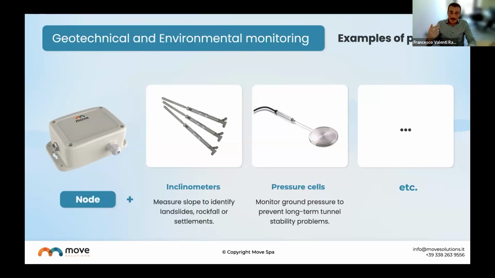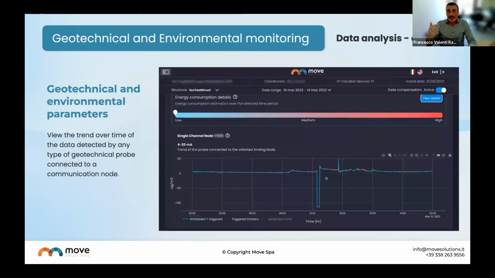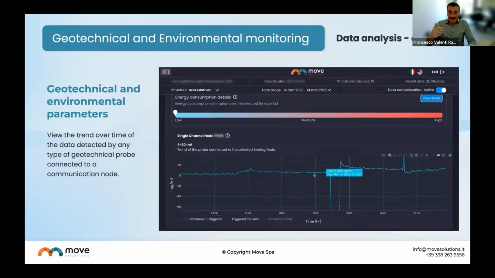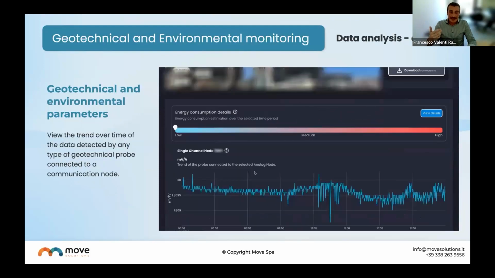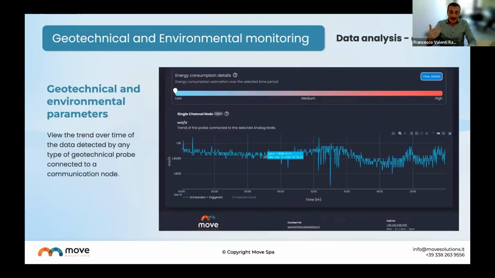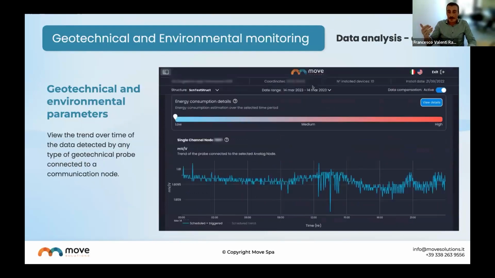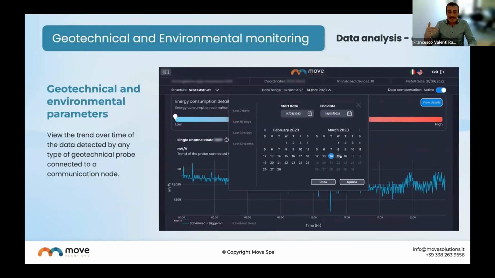As for the data analysis examples, we have the tool to read the geotechnical probes. As you can see from the graph, you will set the unit of measure of the geotechnical probe, and then you will see the trend of the measure from your probe in time.